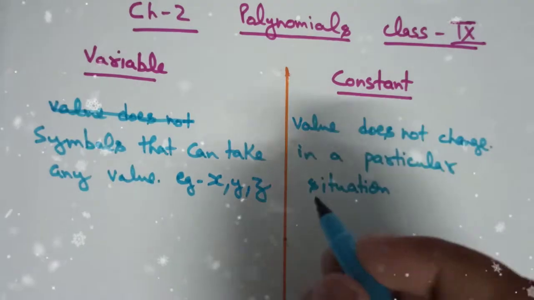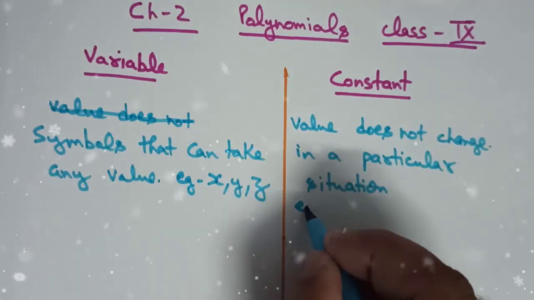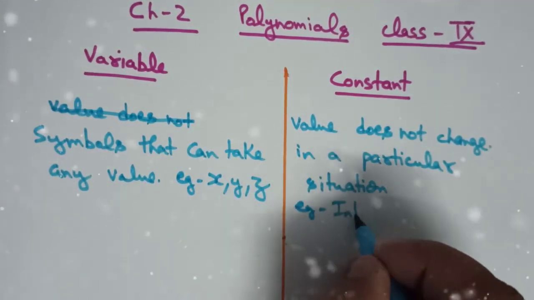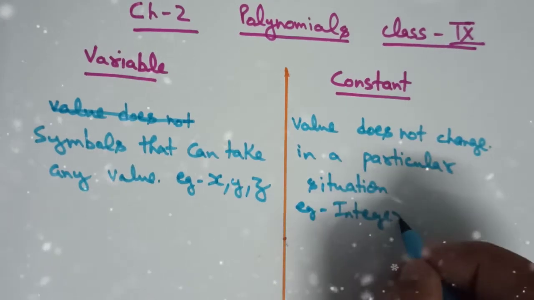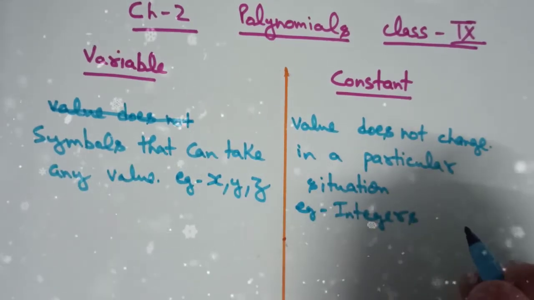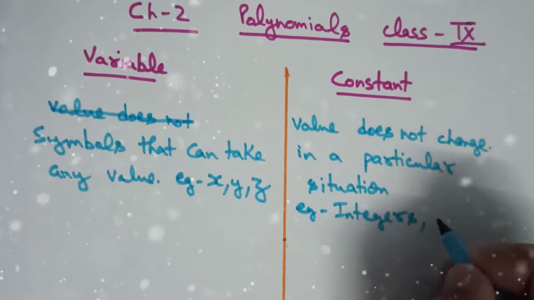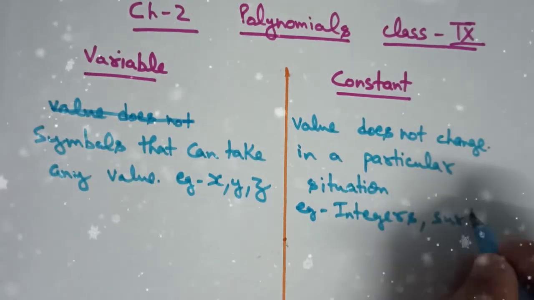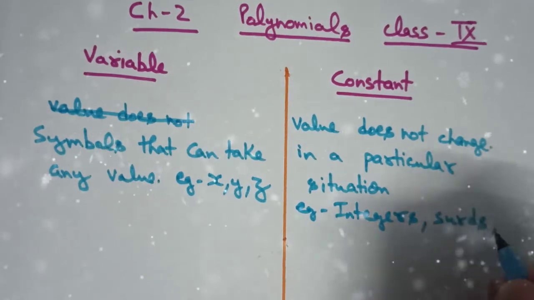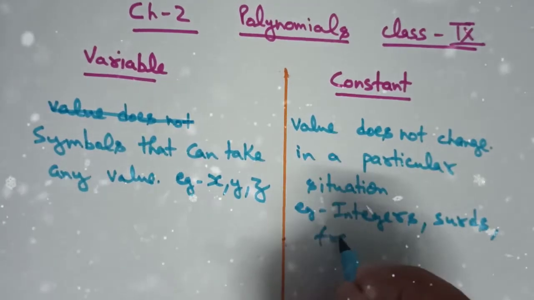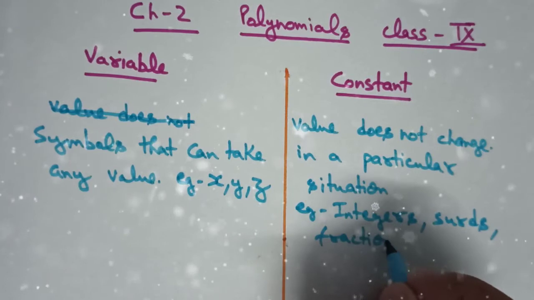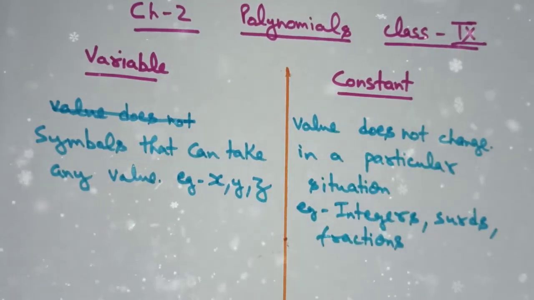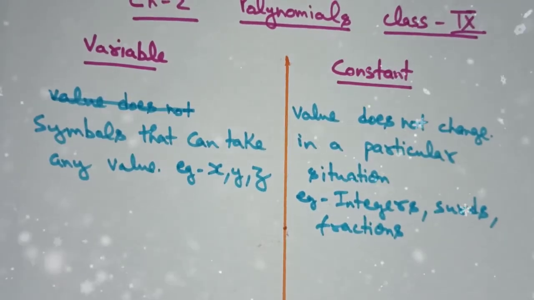Constants can be, for example, integers, or they can be surds or roots, or they can be fractions. Okay, these are a few examples of constants.